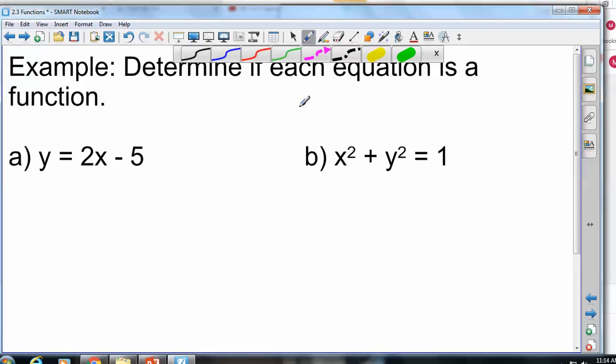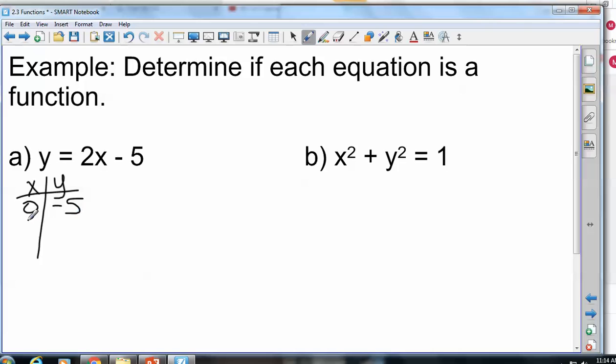We know it's not a function if one x value gives you two different y values, right? So if I were just plugging in some numbers, give me your favorite number. 0. I like that number too. So if I put in 0, I get out -5. If I put in a 1, I get out -3.